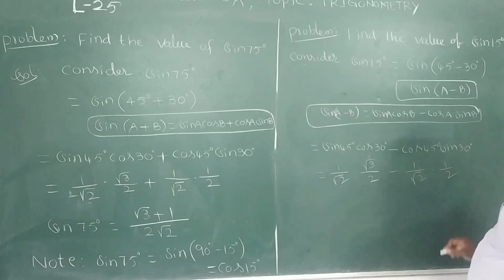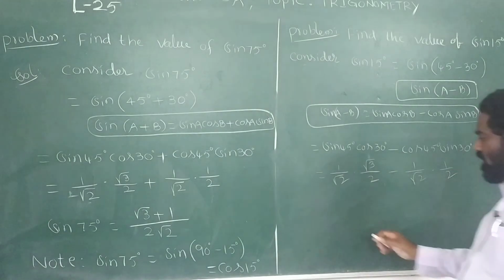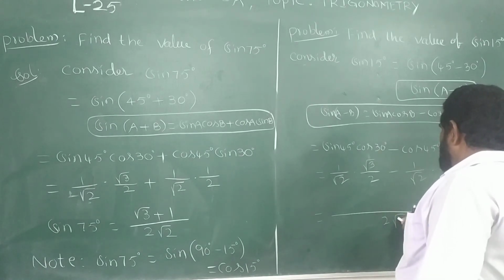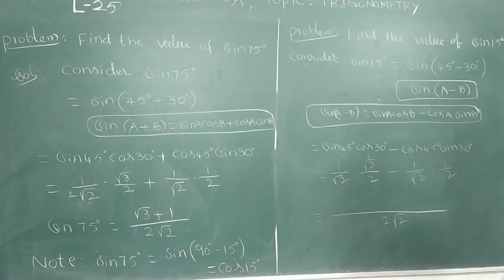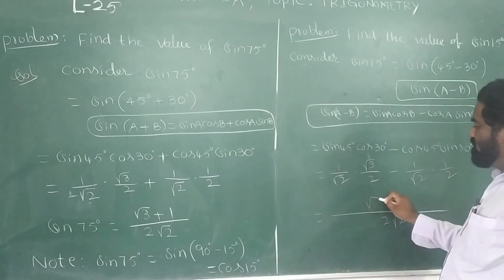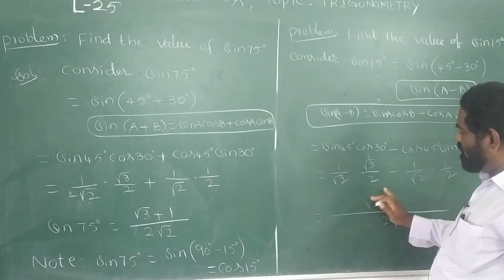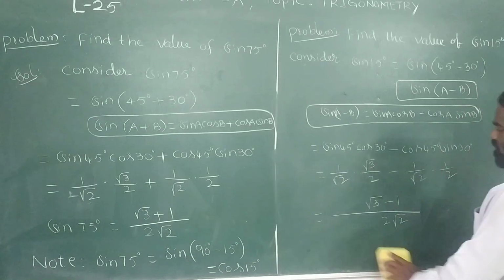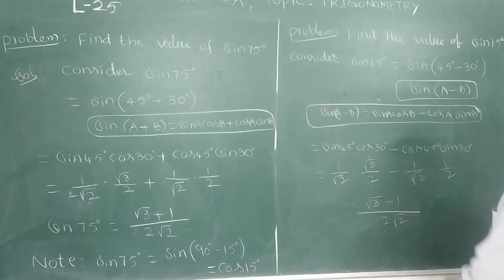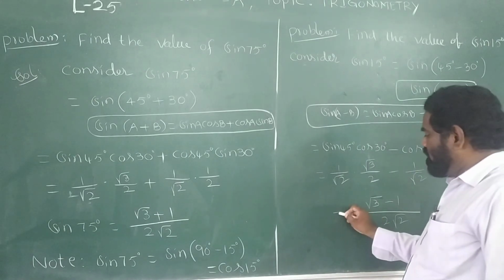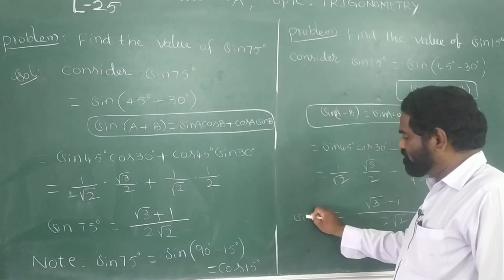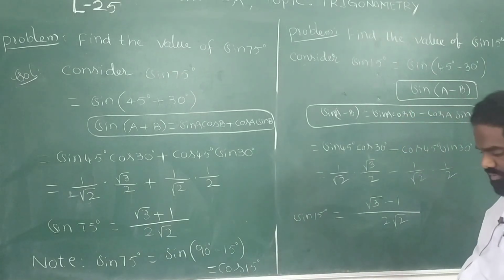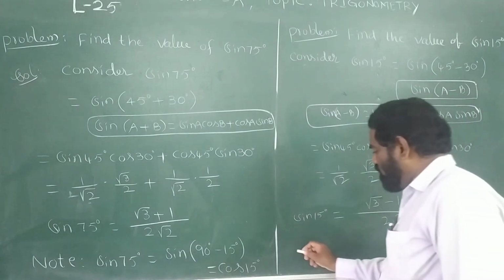Sin 30? 1 by 2. Now, what is the LCM? 2 root 2 is the LCM. So the numerator is root 3 minus 1. Understand? Root 3 minus 1 by 2 root 2. This is the value of sin 15 degrees.